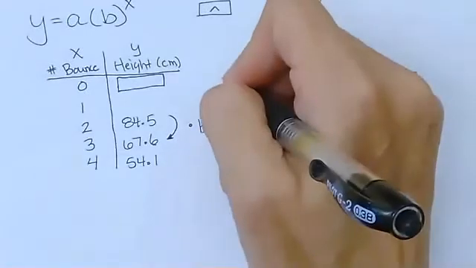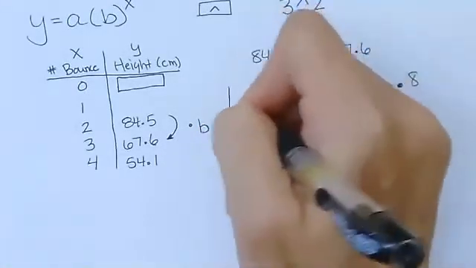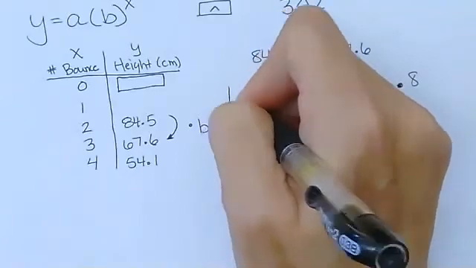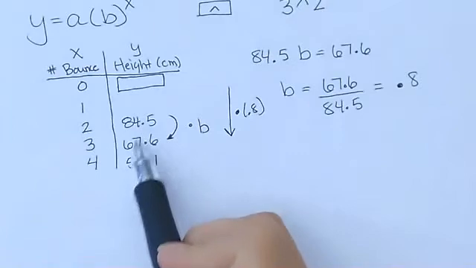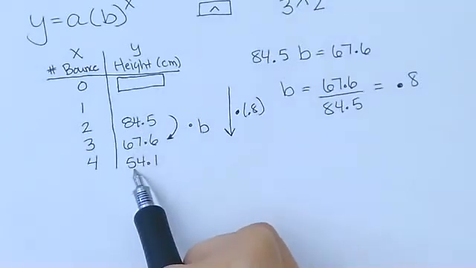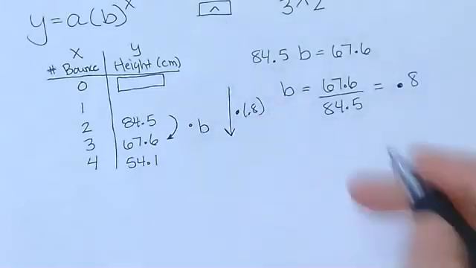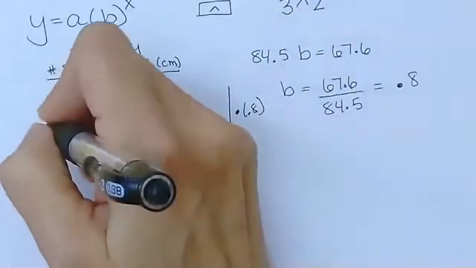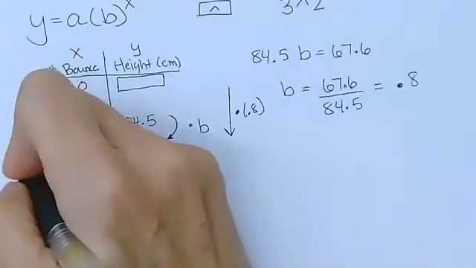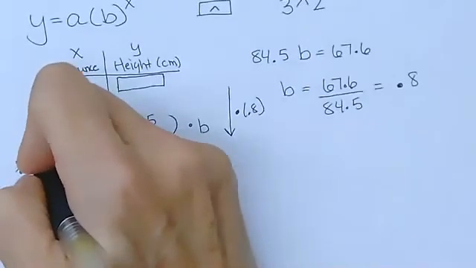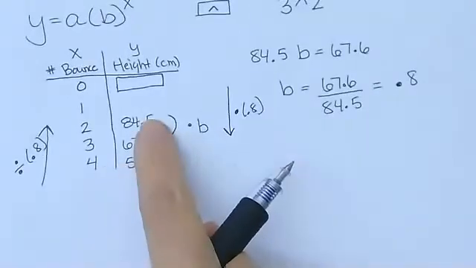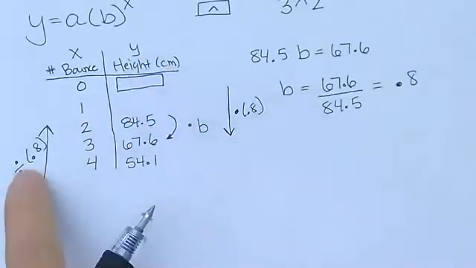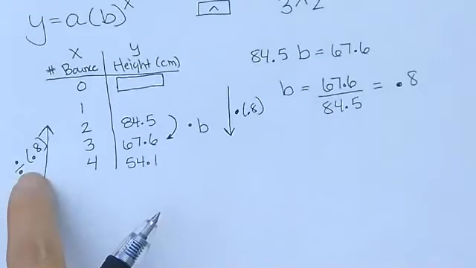So that means to go down the table, I just multiply things by 0.8. So I take that number, multiply by 0.8, I get that. Multiply that by 0.8, I get that. If I want to work backwards up the table, I would do the opposite, which is divide by 0.8.